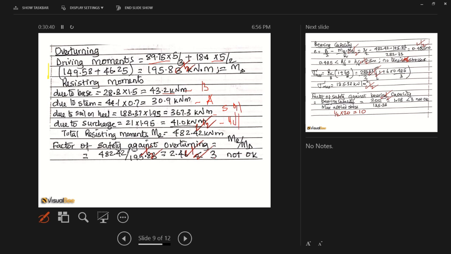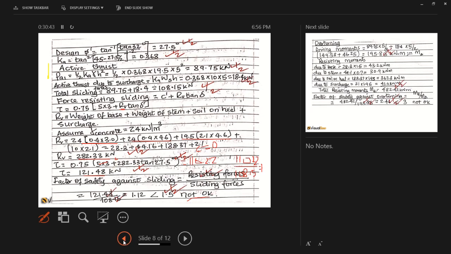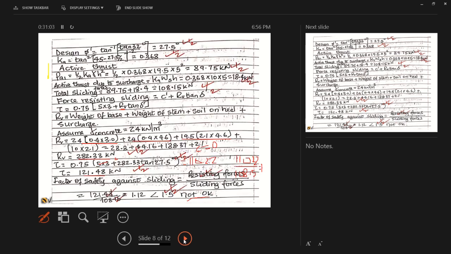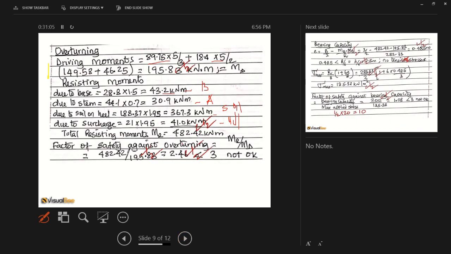So it should be fairly straightforward. Just to be clear, this is part B, and this is part A. It's just geometry, and this is the contribution of the soil. No, there the soil starts there. And for the UDL, it should be easy. Then you add, and you get 482.42. So those are the resisting moments.